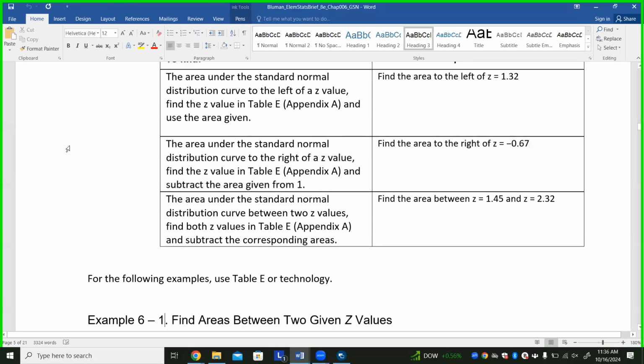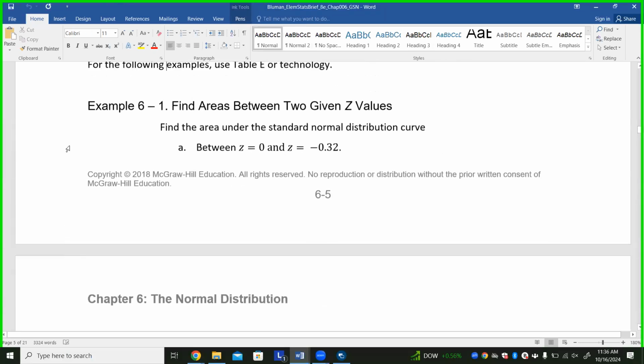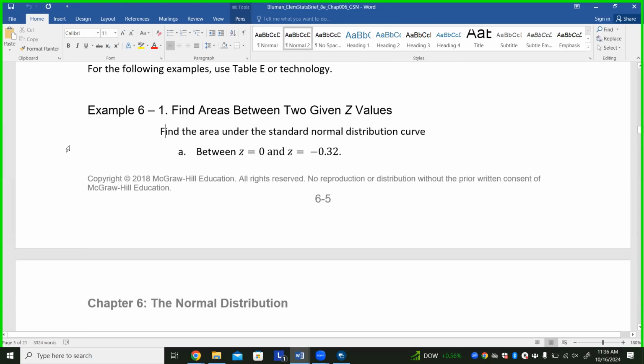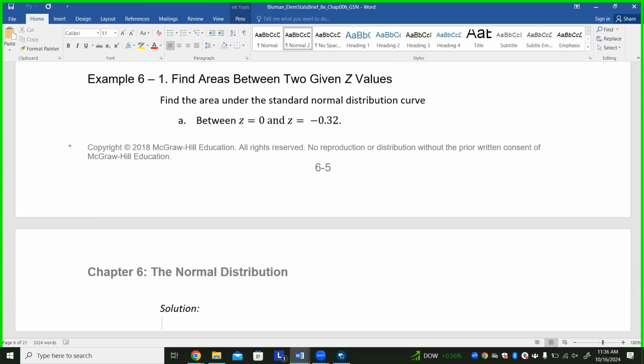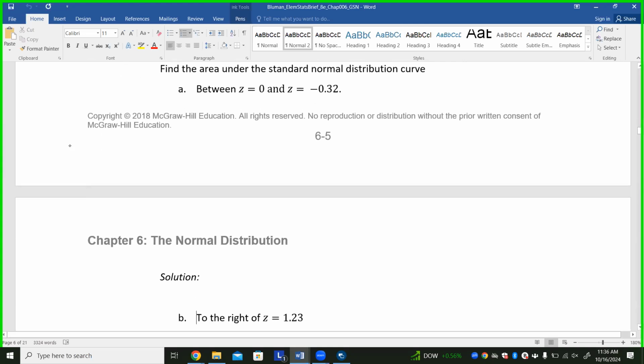The following examples again use table E or technology. We'll use table E. In example 1 here, we'll find the areas between two given values. Find the area under a standard normal distribution curve between 0 and -0.32. Sorry, I said -3.72.